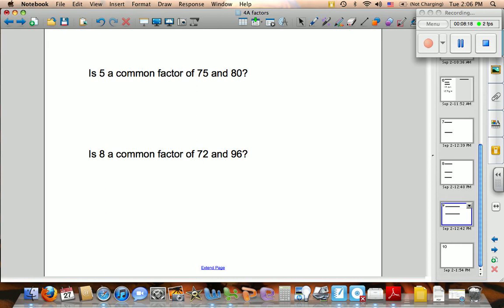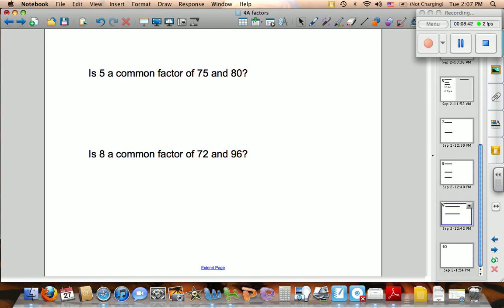And it is, because 15 times 5 is 75. And then think about, is 5 a factor of 80? And it is, because it's only one more 5 away. So 5 times 16 is 80, so 5 is a common factor of 75 and 80.